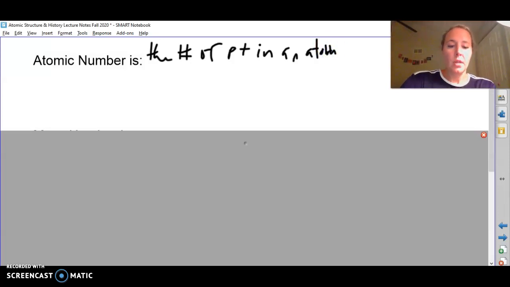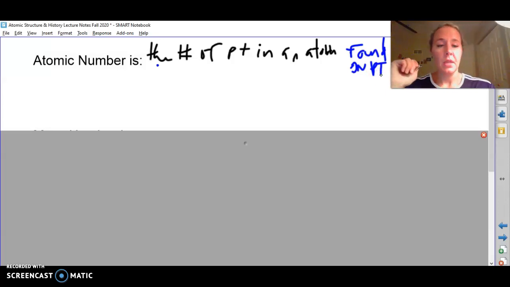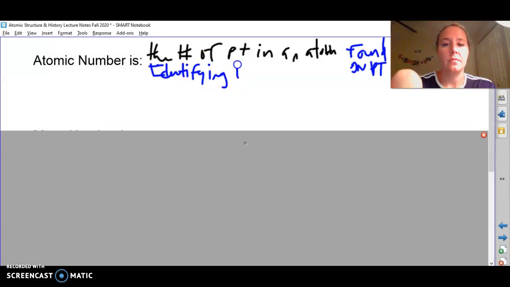One, this is found on your periodic table, and you'll see me abbreviate periodic table as PT. Two, this is an identifying feature of matter, so it tells you what element it is.